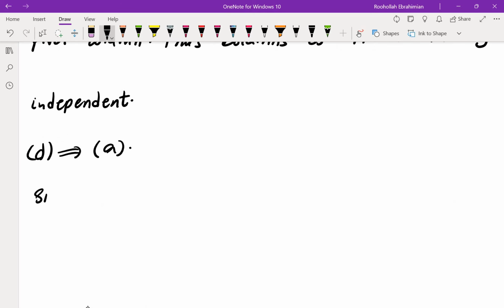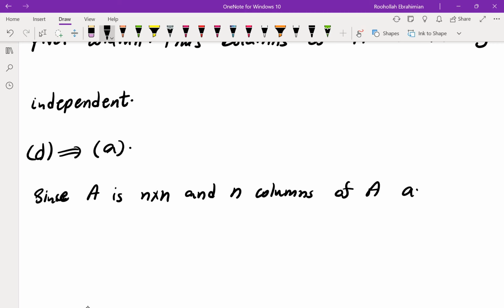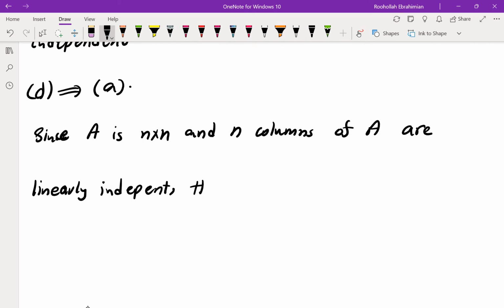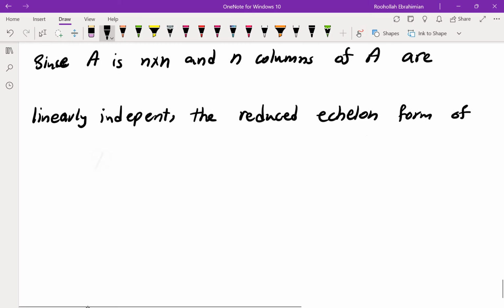Since A is n by n and its n columns are linearly independent, the reduced echelon form has only one possibility, the identity matrix.